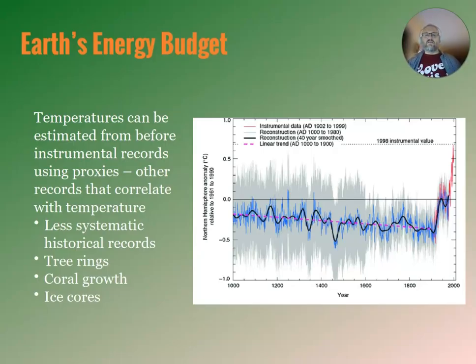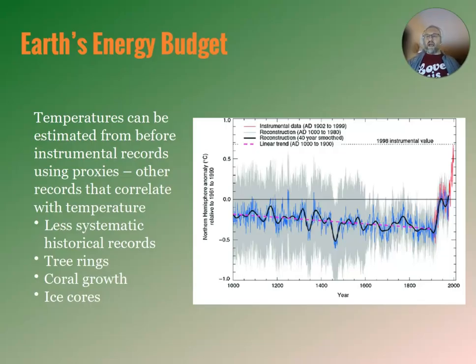These include things like historical records of temperature that are less systematic than we have since the 1880s. So people were using thermometers or making observations about things like what day did the pond freeze over and then thaw out each year, which tells us something about how cold each year was. Now we have these less systematic historical records.